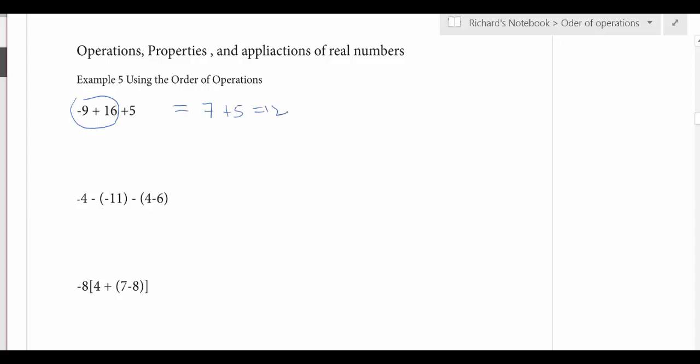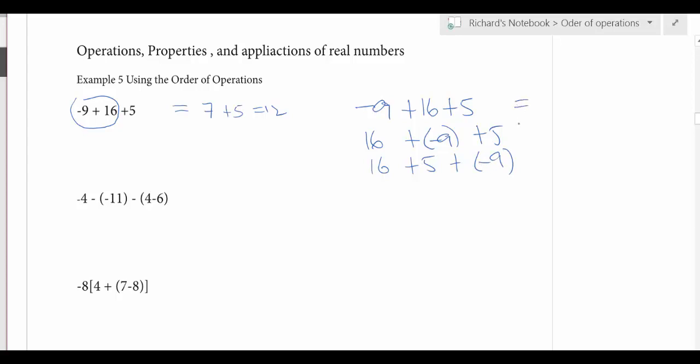It turns out that you can do addition in any order. So the way the question is written, negative 9 plus 16 plus 5, you could also write 16 plus negative 9 plus 5. You could go 16 plus 5 plus negative 9.